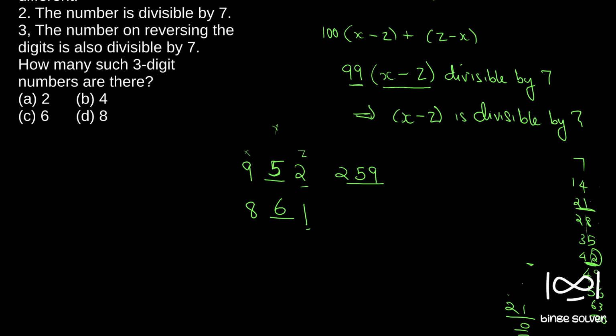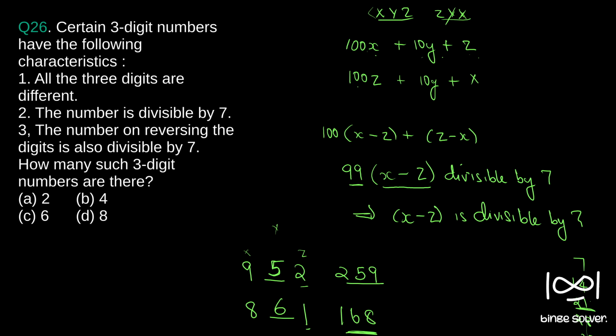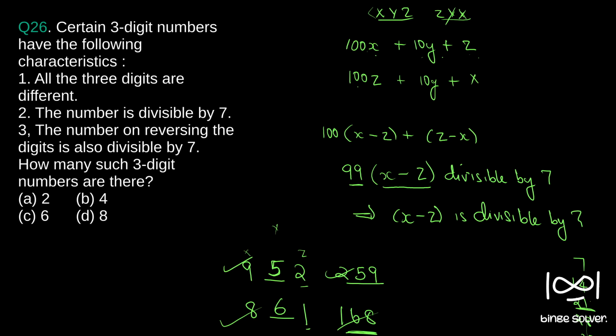In the exam hall, you don't have to find all the exact numbers. We just need the number of cases. So 168 is the reverse number. How many such 3-digit numbers are there? 1, 2, 3, 4. These 4 numbers satisfy these criteria.